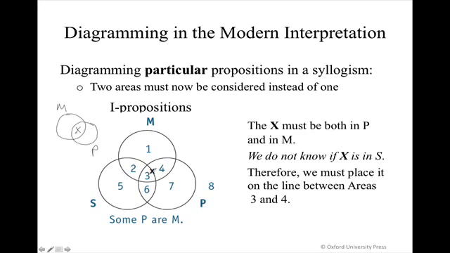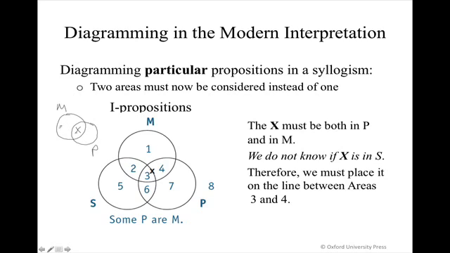And this is something we're going to come back to again and again. It's a really important point. So your X is always going to straddle a line within the 3 circle areas when you're not sure if it is or is not part of the class that is not presently being diagrammed, right?